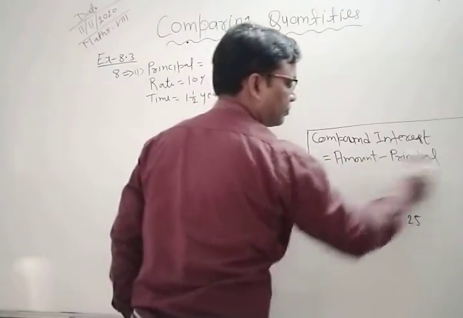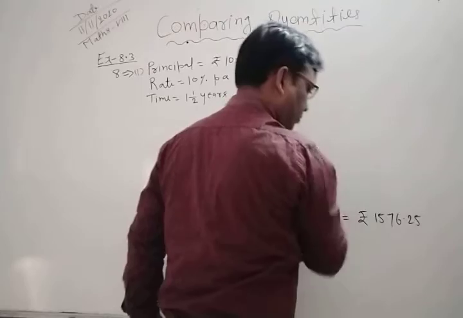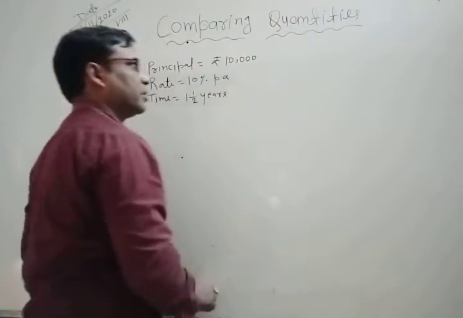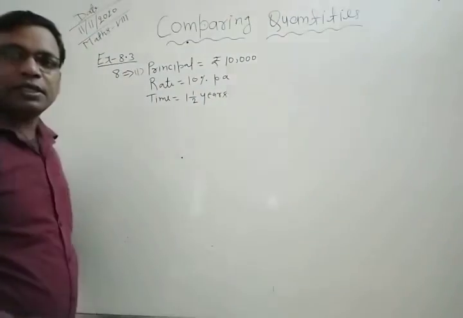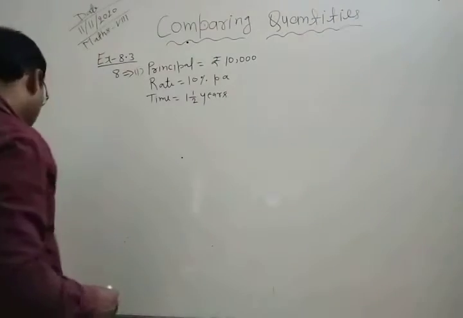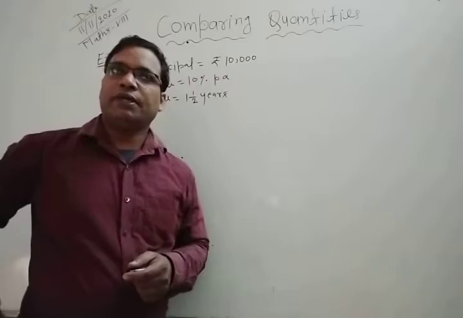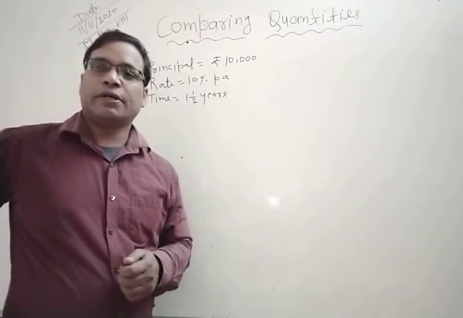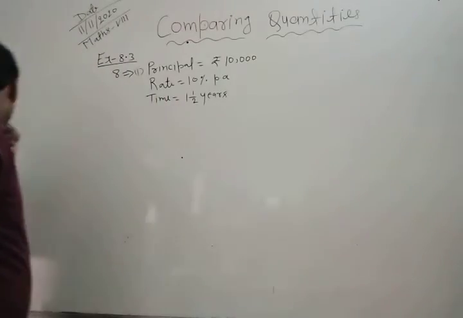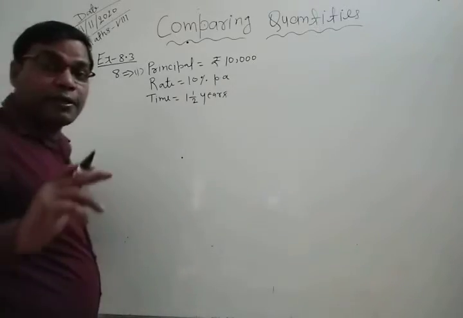So we found compound interest compounded half yearly, 1,576.25. And now we are going to find compound interest compounded annually.